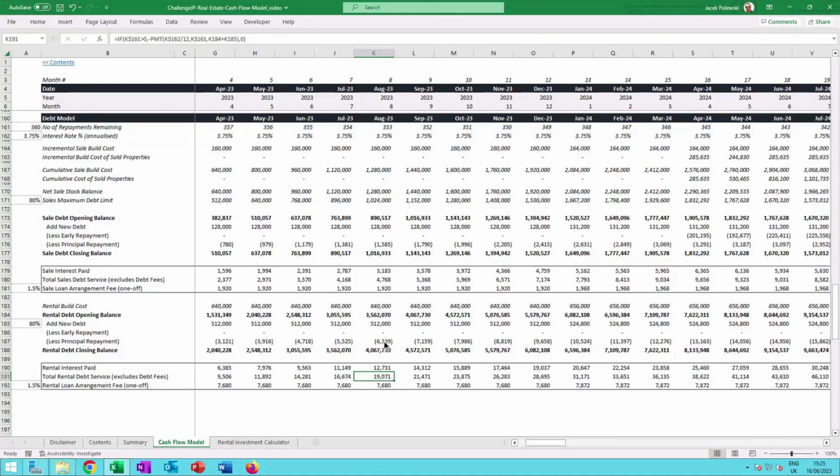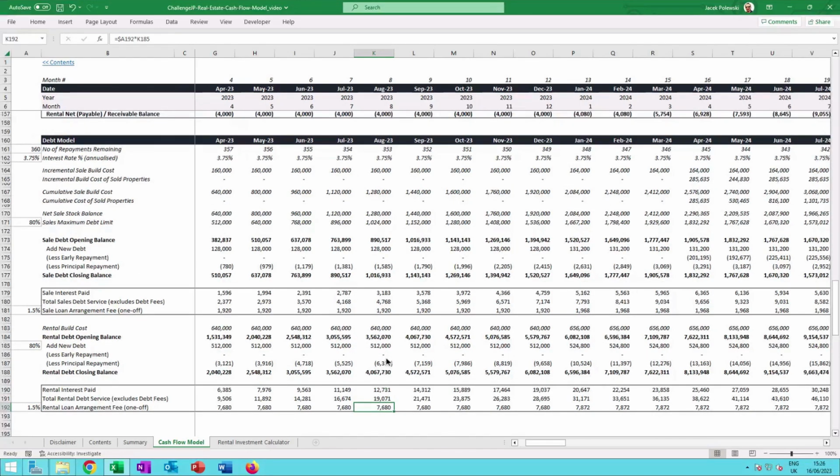And then in order to calculate that principal repayment, I just have to subtract the interest from the payment figure and then allocate the rest to a principal repayment. And then similar to our sales loan, I also have to allocate some amount to one-off fees, which is simply taking the percentage, in our case 1.5%, and then multiplying it by any new debt that we have drawn.